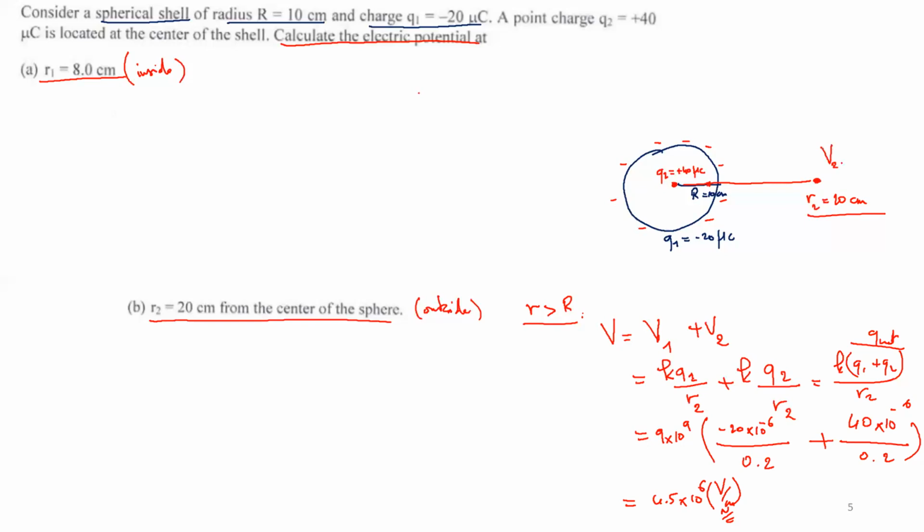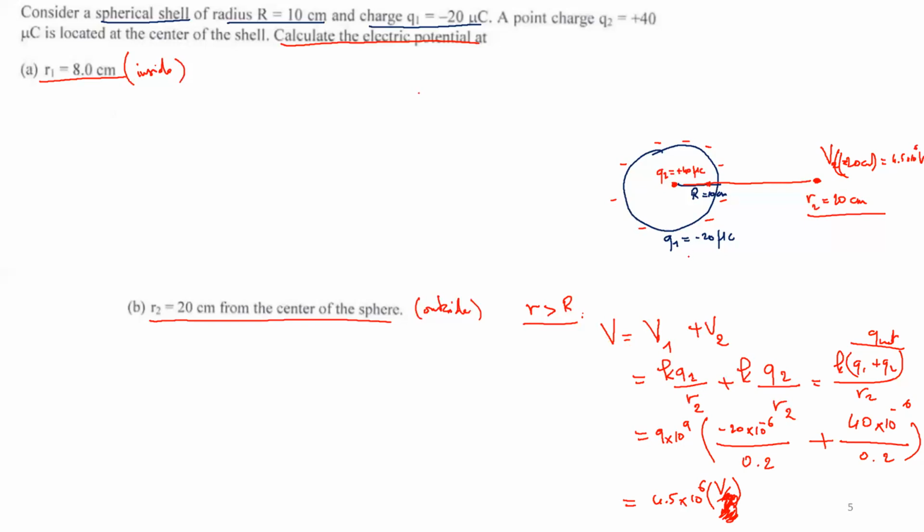V2 is just V at this distance, at 20 centimeters, which is just 4.5 million volt. Yes, volt, not volt per meter, sorry. Of course, the unit is just volt, because I'm looking for the electric potential. So 4.5 times 10 to the power 6 volt.